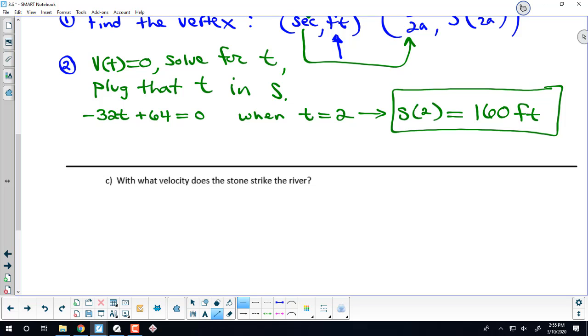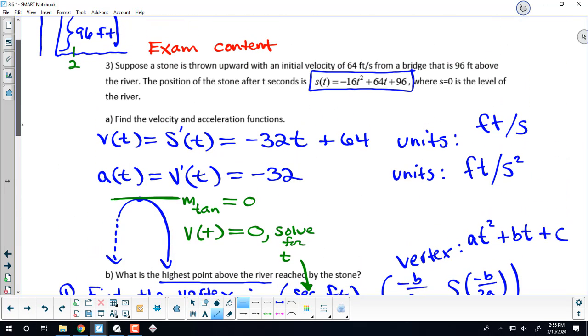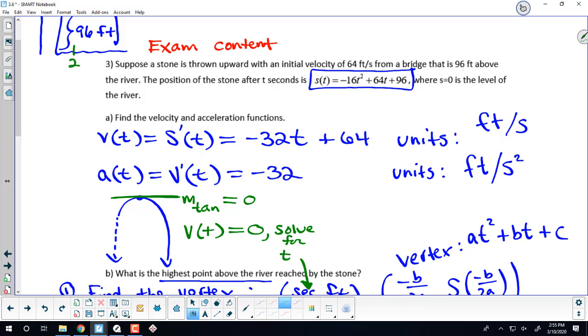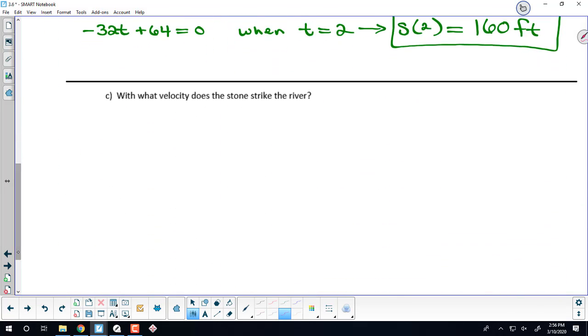If you set the position function to 0, when the y value of the original function is 0, it hits the river. Exactly. So here, when the position is 0, that's the level of the river. So whenever position is 0, that's corresponding to the location of the river.